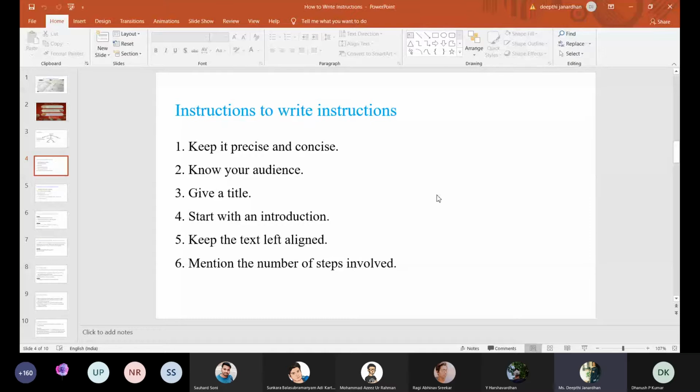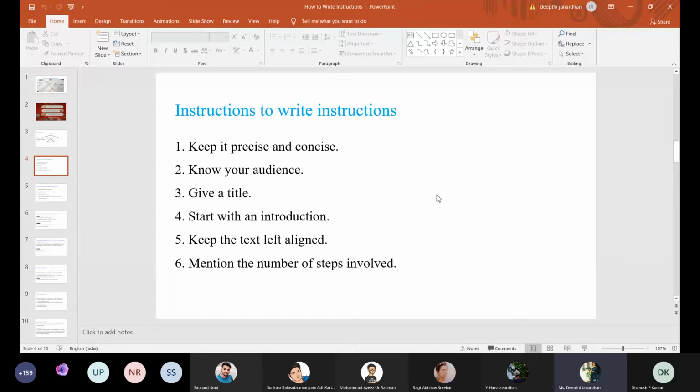Initially, letters were handwritten, so you had paragraph spacing. To start a paragraph, you left some space and then started the paragraph, maybe to avoid clustering. But these days, since we're using computers, we just give space between paragraphs. So everything has to be left aligned. Your instructions too should be left aligned.